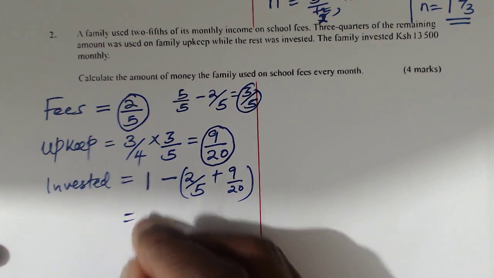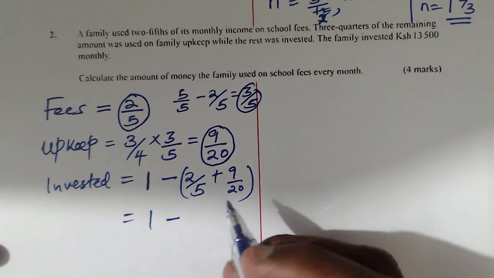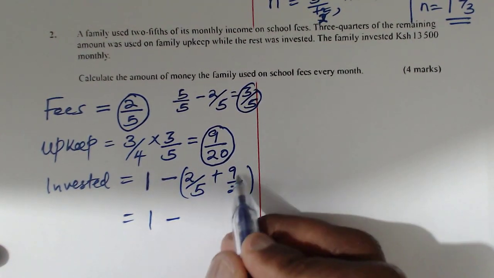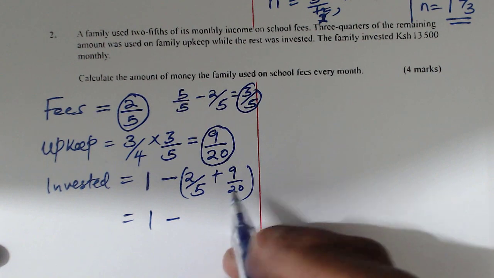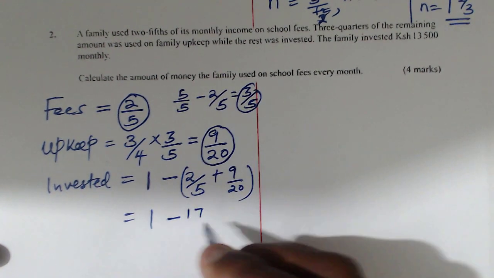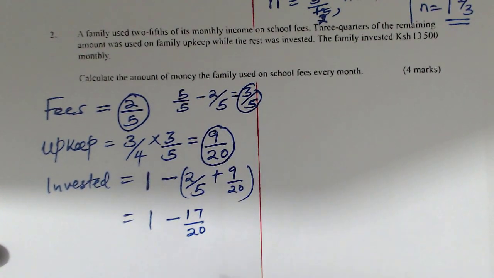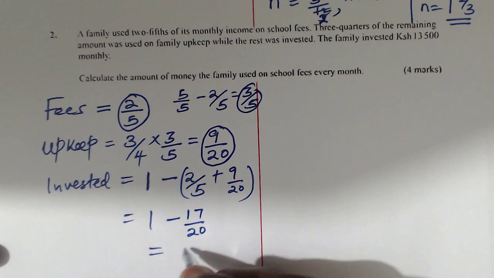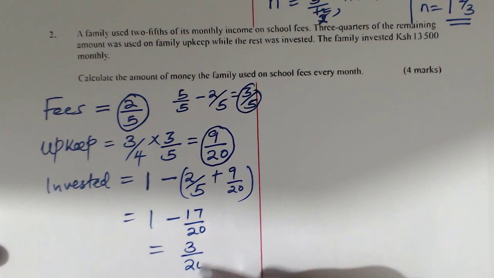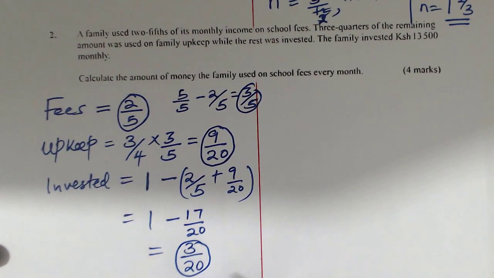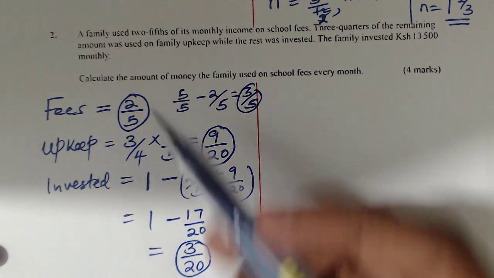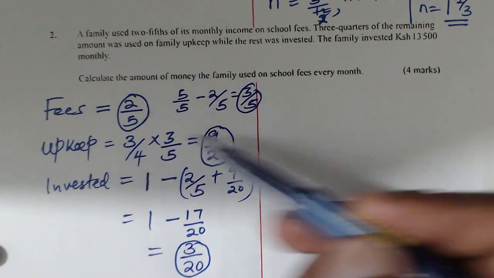So we work out these. 1 subtract 2/5 plus 9/20 will give 17/20. Then when you subtract these, 1 subtract 17/20, we get 3/20. So the fraction that represents the investment will be 3/20.